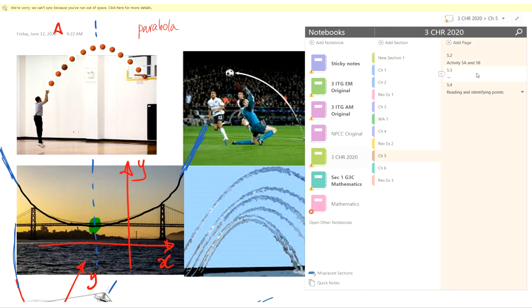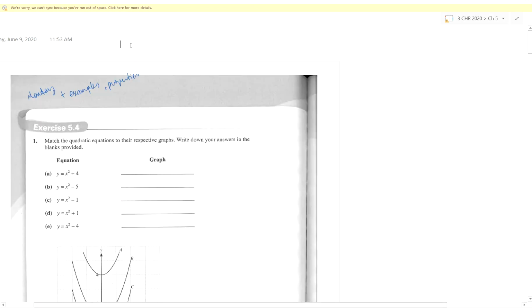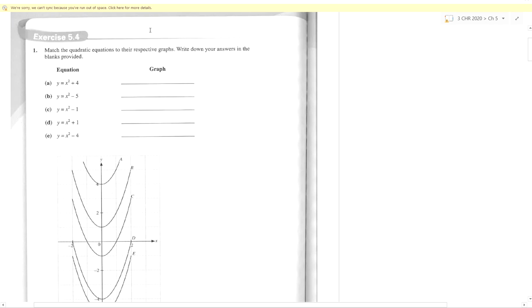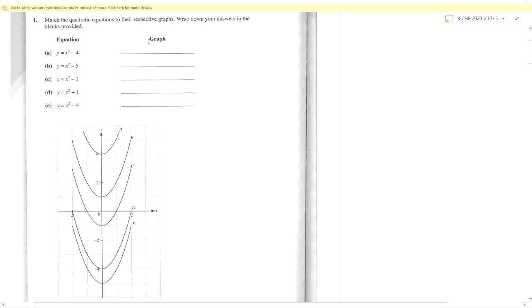Now let's go on to our workbook, exercise 5.4. We're going to match the quadratic equations to the respective graphs. Okay, so here we've got graphs A, B, C, D, and E. We're supposed to match them to this. Because we're not going to plot everything out, we're going to use a software.